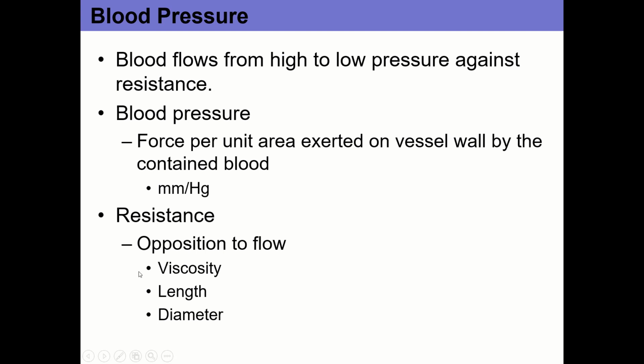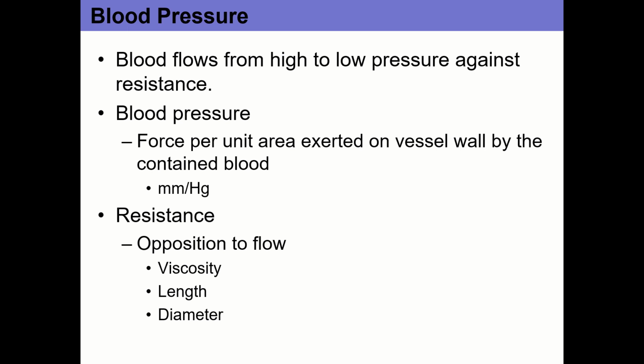All right. So resistance is opposition to flow, and it's a measure of the amount of friction that blood encounters as it passes through the vessels. There are three factors that play a role in increasing or decreasing the resistance to blood flow. The first is the viscosity of the blood itself. Remember that viscosity is essentially a measure of the thickness of blood, like how syrupy is it.